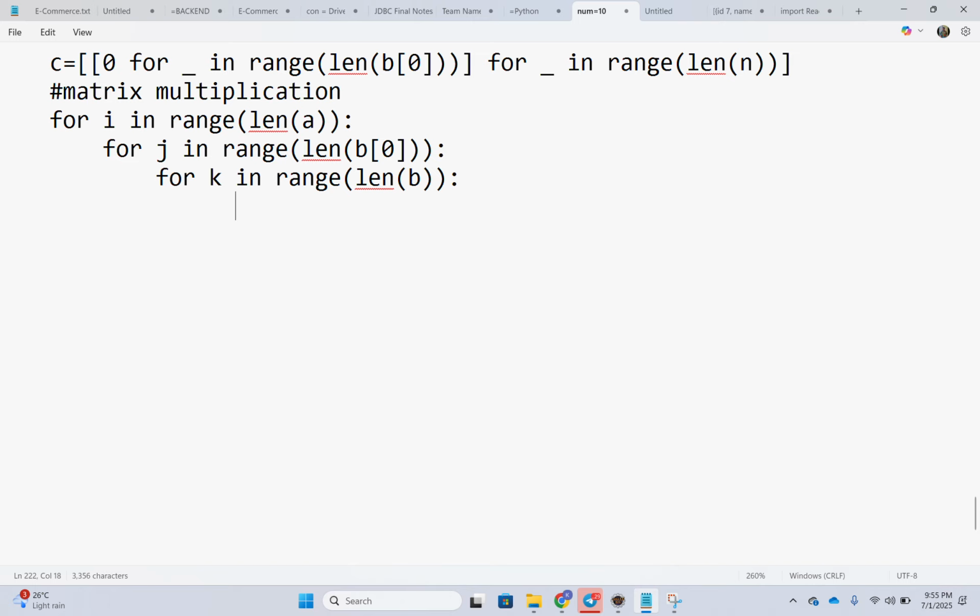Then followed by what? So we are going to insert the values into the resultant matrix. Wait, you'll get good clarity.